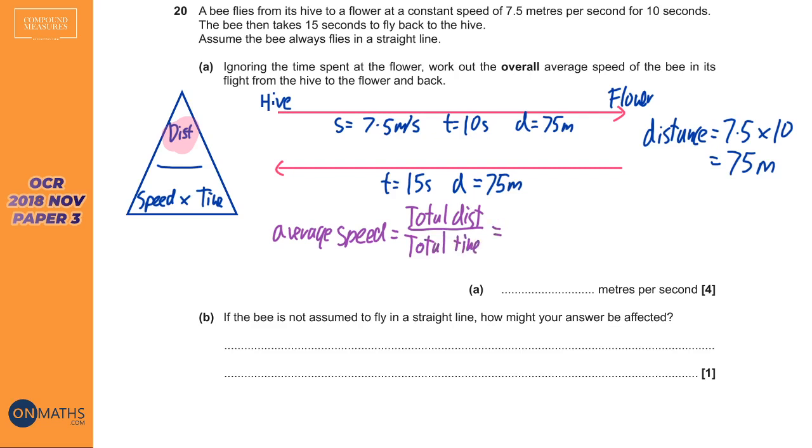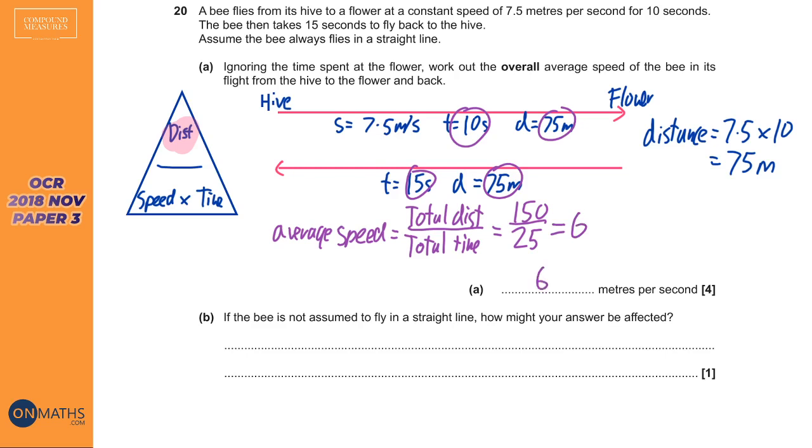So the total distance is the 75 meters on the way out and the 75 meters on the way back. So 75 times 2, which is 150. The total time is the 10 seconds on the way there and the 15 seconds on the way back. Add those together, that's 25. And then do 150 divided by 25, which is 6. So it'd be 6 meters per second.